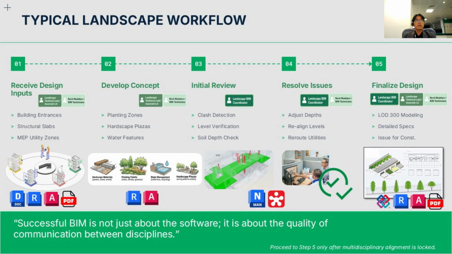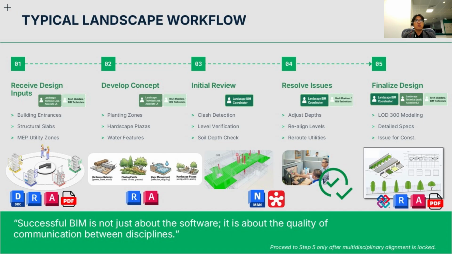The fourth step is solving the issues where we require communication between different disciplines. This is about human interaction. Most of the time, the landscape has to adjust its design to adapt to the systems or the structure frame, the shape of the building from the architects.